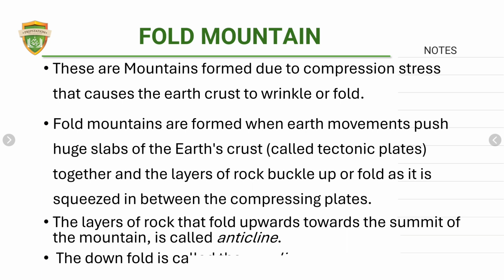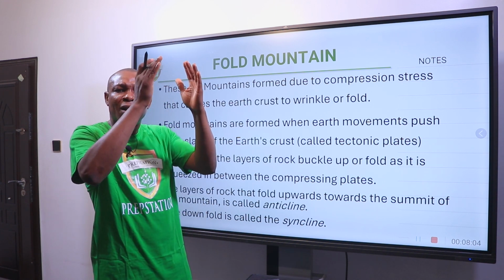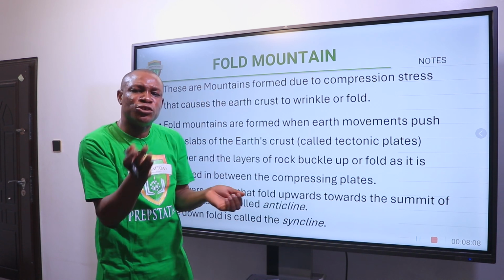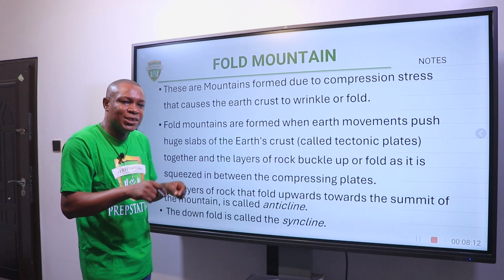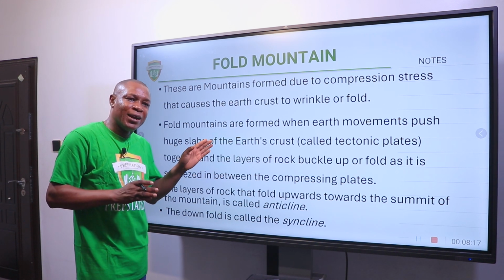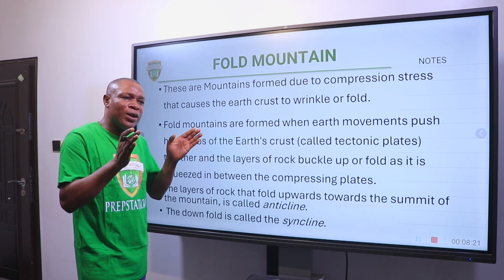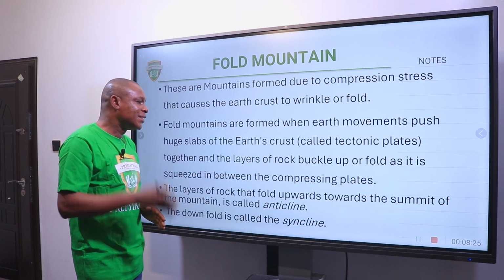And when it wrinkles, some portion of the land will fold up. That part that is folded up is called anticline. And some part will squeeze in. And that part that is squeezed in is called syncline. So just like we have the horst and graben for block mountain, for fold mountain, we have the anticline and the syncline.